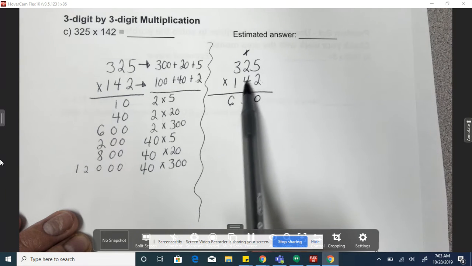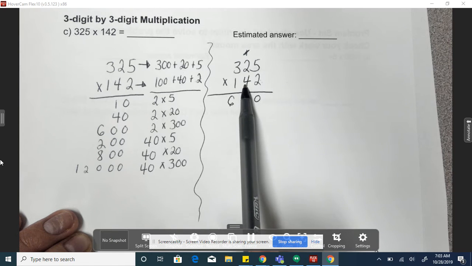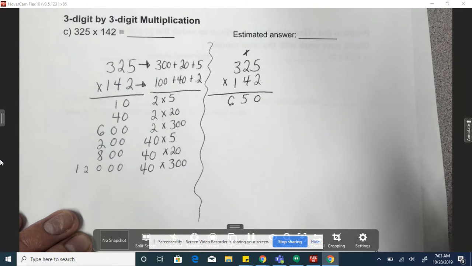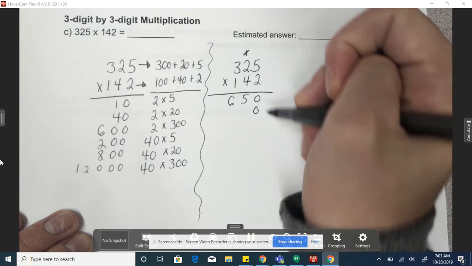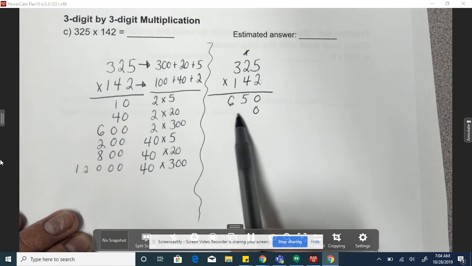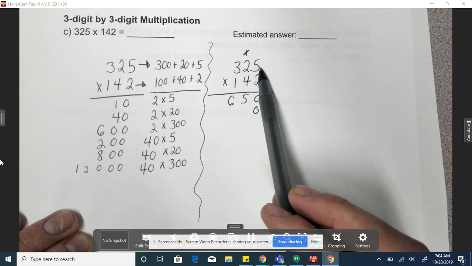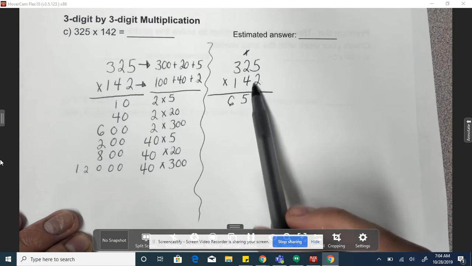We're multiplying every digit in the top factor by the 4 in the tens place. We know that when we multiply anything by the tens place, our answer is always going to have a 0 in the ones place. So I'm always going to put a 0 here in the ones place so that when I answer, I'm starting by putting it in the tens place. 4 tens times 5 ones is 20 tens.